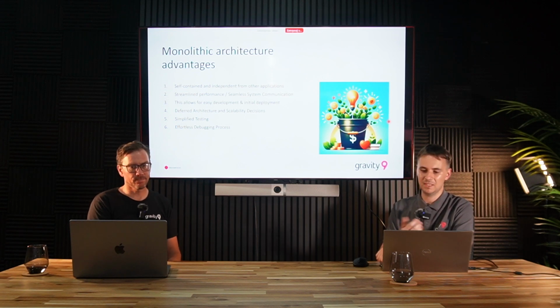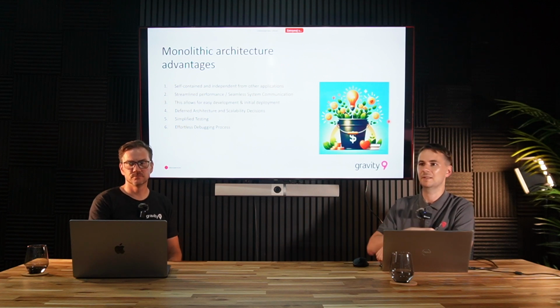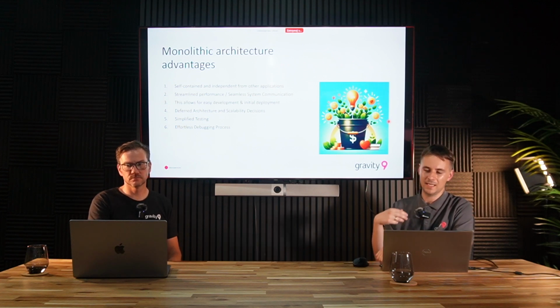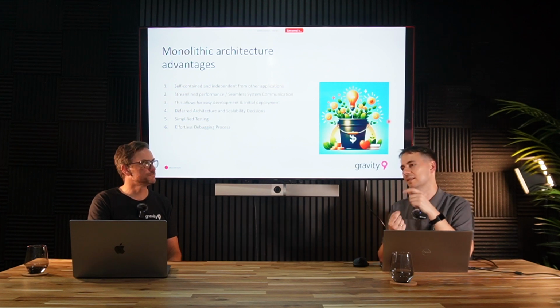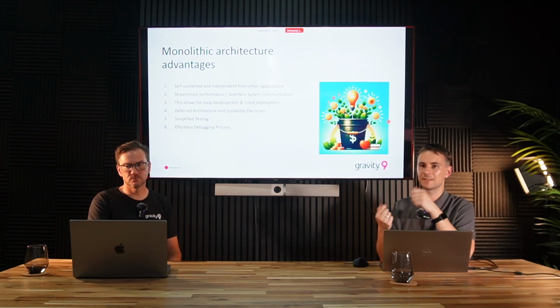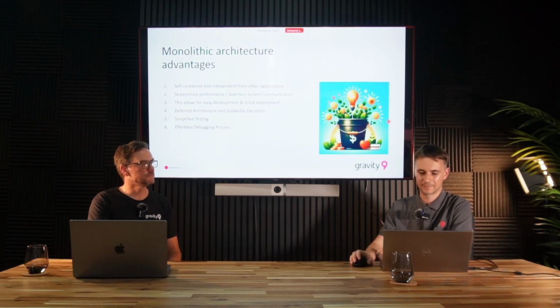So it's like investigating a single crime scene where all evidence is in one place versus having multiple crime scenes and trying to connect the dots to see if this is still the same crime in different places, or maybe those are multiple crimes.